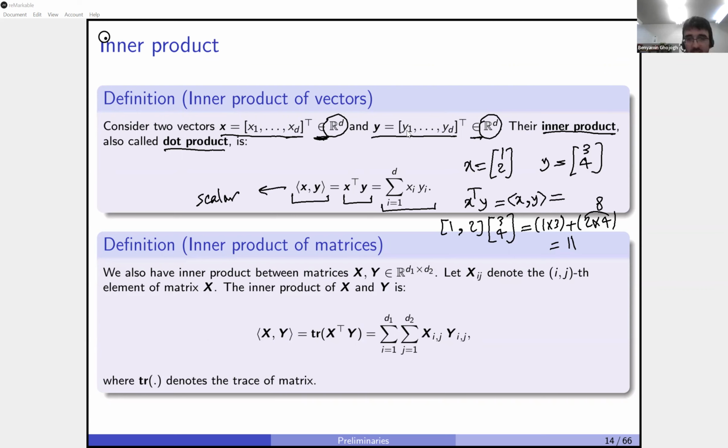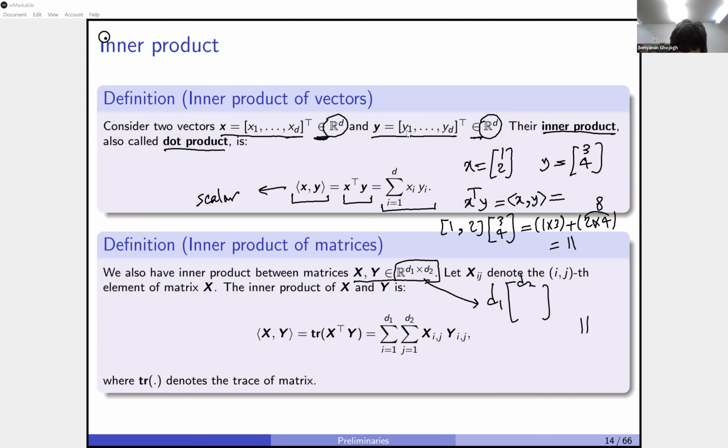I tell you this, and I think the session will be over. So, inner product of matrices. Assume we have two matrices. What does this mean? It means a matrix of D1 dimension by D2 dimension.